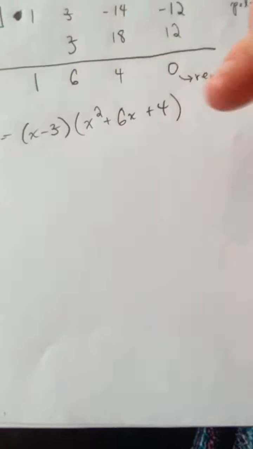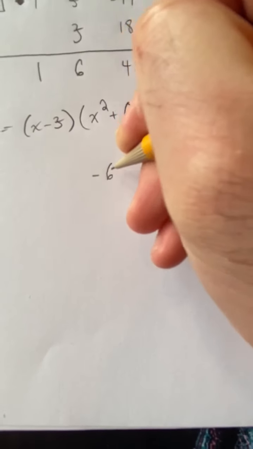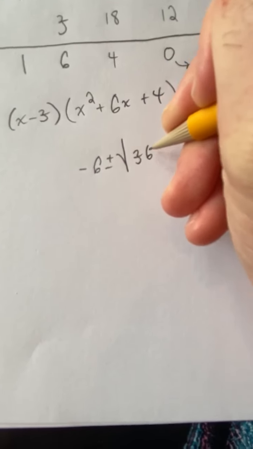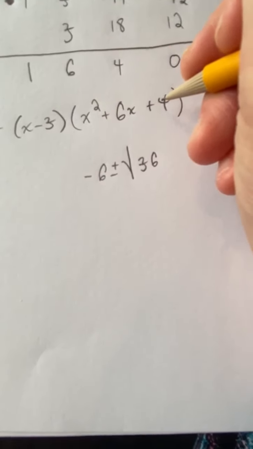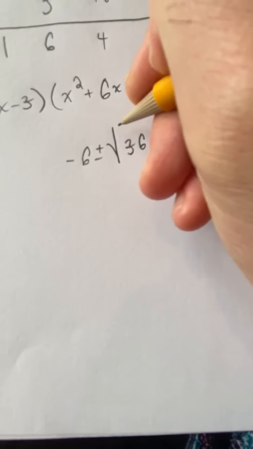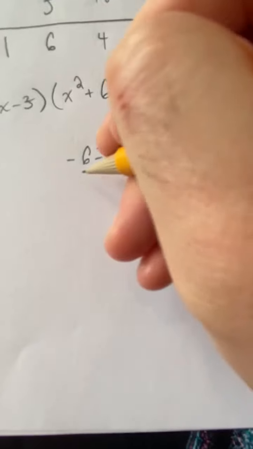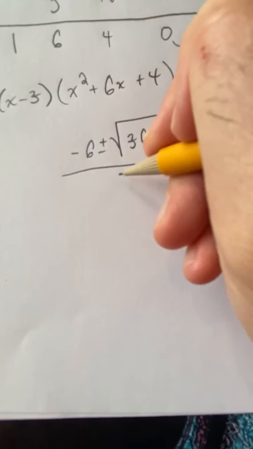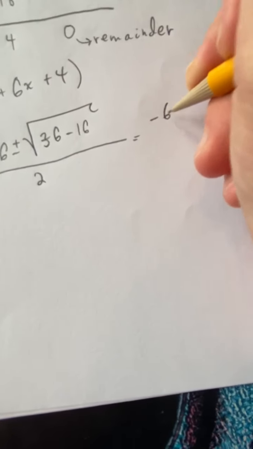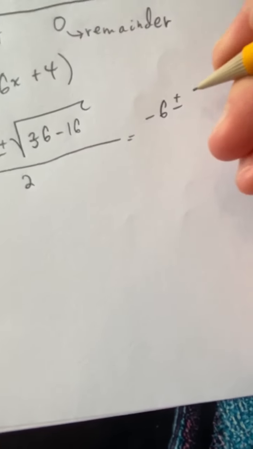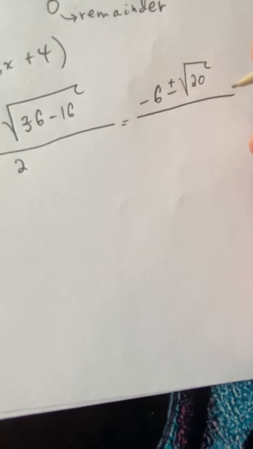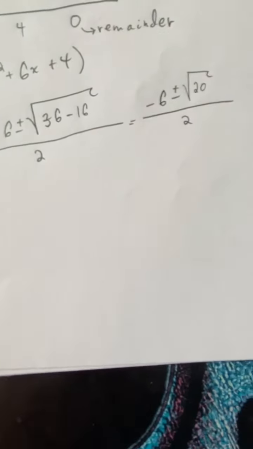Let's do quadratic formula. So we do opposite of b, that's negative 6, plus or minus the square root of b squared, that's 36, minus 4ac, so that's going to be minus 16, all over 2a, that's just all over 2. So we have negative 6 plus or minus the square root of 20 all over 2.